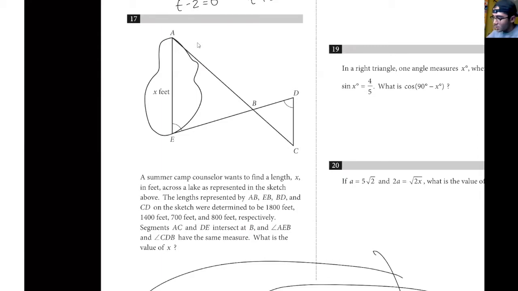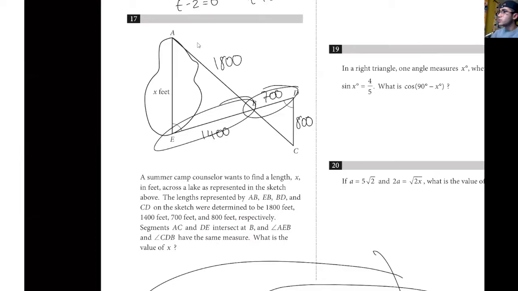So we have AB equal to 1,800 feet, EB, this length right here, equal to 1,400 feet, BD equal to 700 feet, and CD equal to 800 feet. And they want us to find AE. One thing you can realize here is that these two triangles are proportional because EB is twice BD, right?